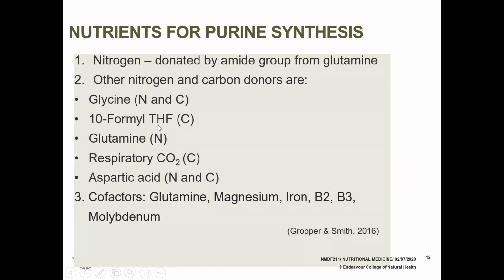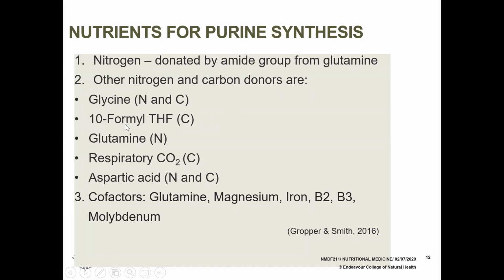So as you can see, this slide is talking about how we are making DNA or RNA from scratch. We are using nitrogen and carbon donors. From glycine, my cells can take nitrogen and carbon.